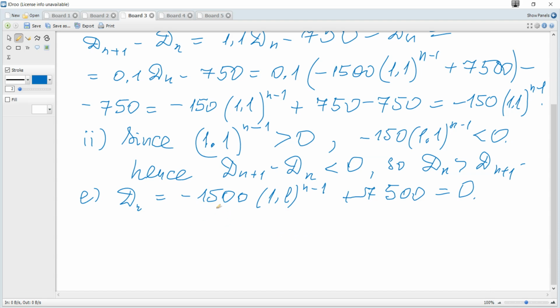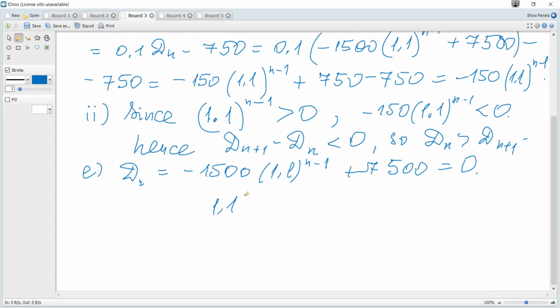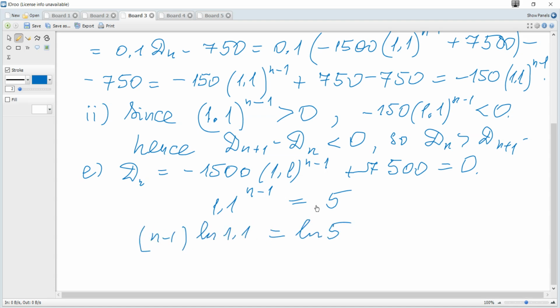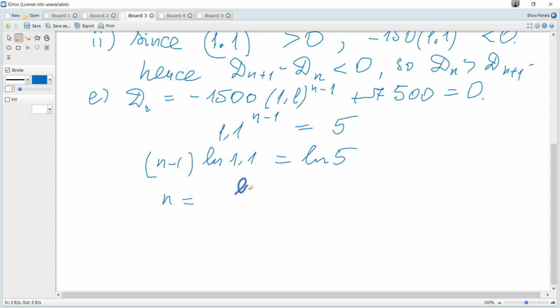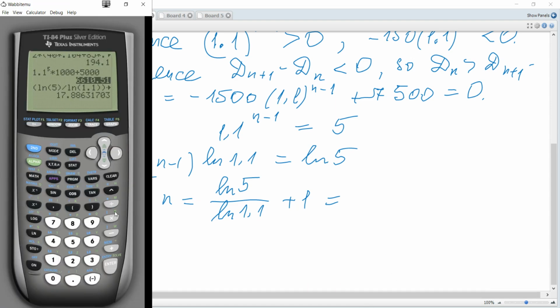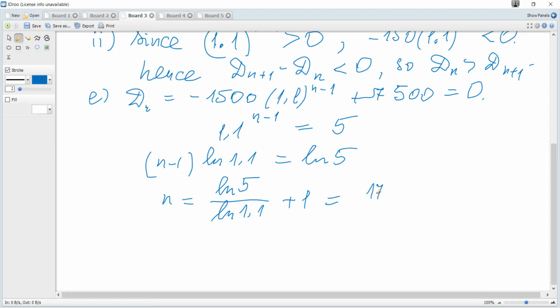And you can see that we can divide each term by 1500 to get 1.1 to n minus 1 is 5, then ln, and it becomes n minus 1 times ln of 1.1 is ln of 5, and n is ln of 5 divided by ln of 1.1 plus 1, and it is equal to, just using a calculator, 17.9 to 3 significant figures.